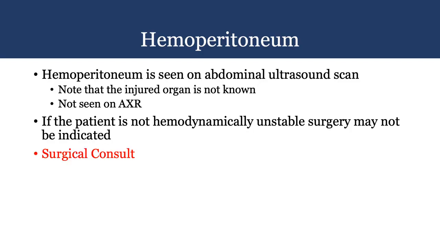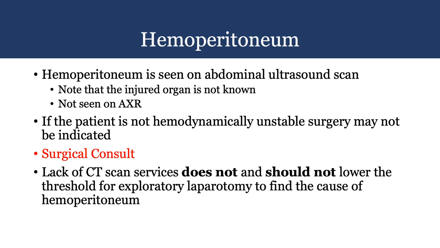Always seek an early surgical consult so the surgeon can make a deduction between whether to operate or not. If you are a lone individual in the village, please improvise accordingly using the information given to you in the previous slides and the first scan and your clinical acumen, and decide whether to do a laparotomy or not. And please remember that lack of a CT scan does not and should not lower the threshold for exploratory laparotomy.